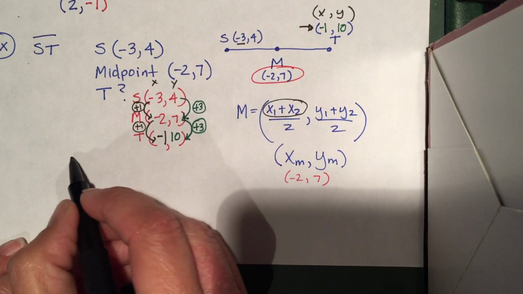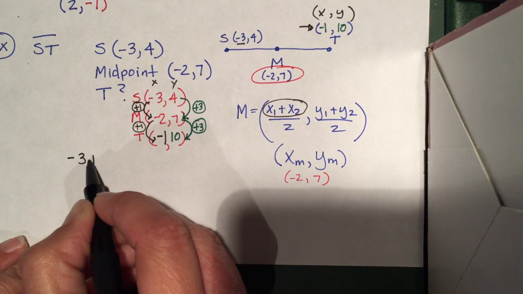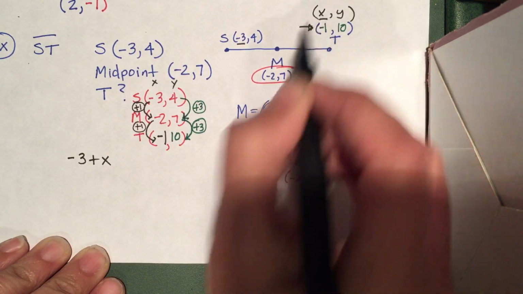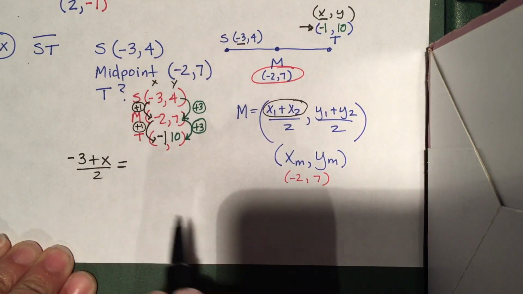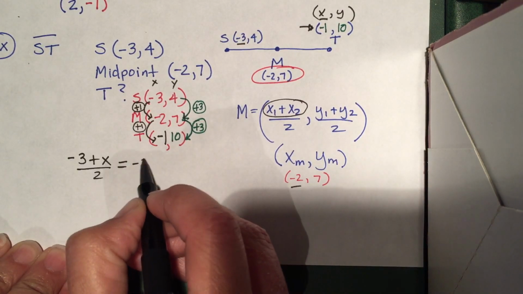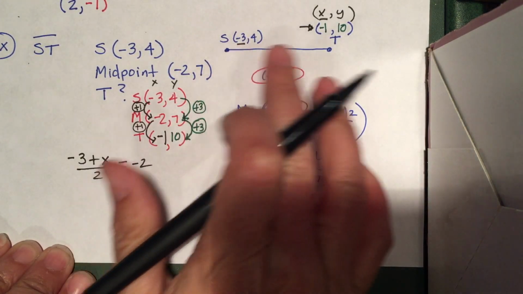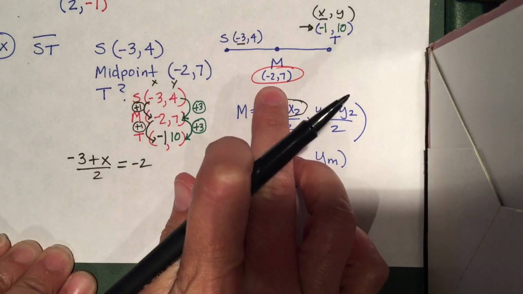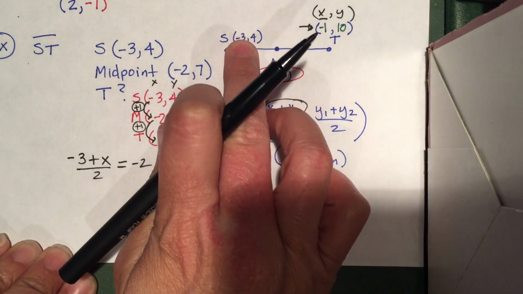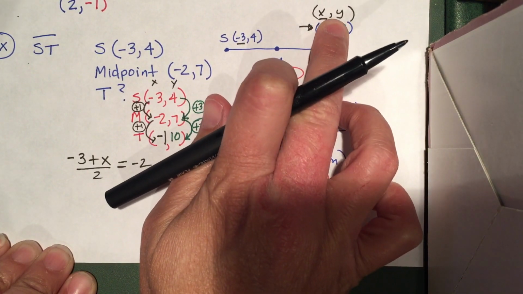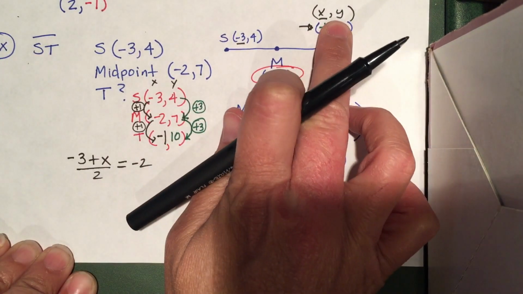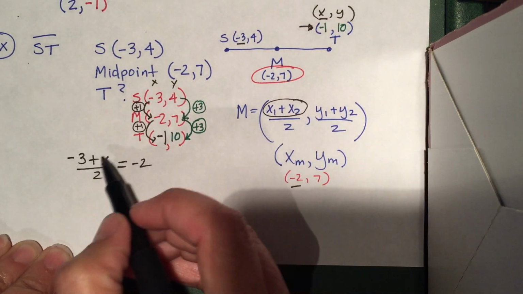So I'm going to do -3 plus x, which are my two x coordinates, divided by 2, and I know that that should give me -2, because I know that when I find the average of my two x's, I came out with -2. I know S's x coordinate, I don't know T's. Remember, assume we haven't done this part yet. This is a different way to solve it. So I'm going to solve this.